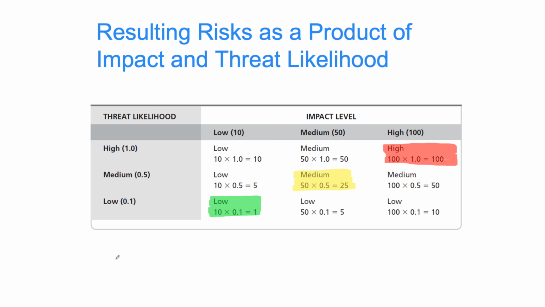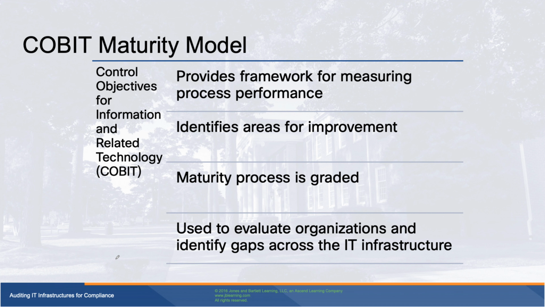The other thing we might have, another tool we use, is called a maturity model. What a maturity model does is it provides a framework for measuring process performance. We identify areas for improvement, and then we grade whether or not we're making progress.